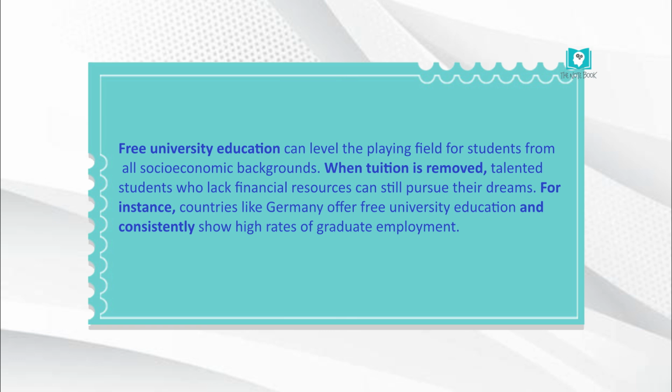When tuition is removed, talented students who lack financial resources can still pursue their dreams. For instance, countries like Germany offer free university education and consistently show high rates of graduate employment.